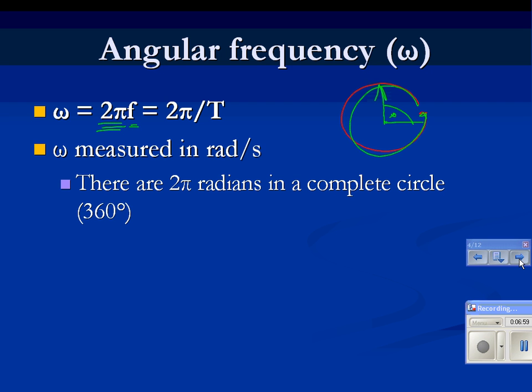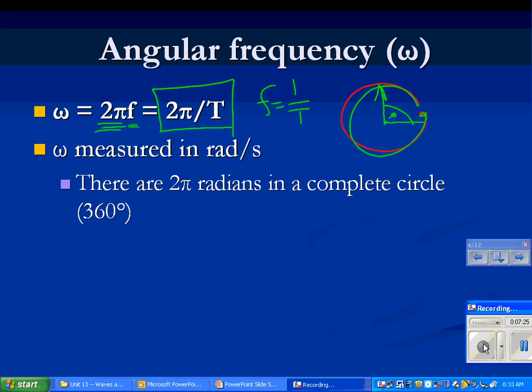That is what omega is, okay? In your data booklet, here's the equation for omega. It says omega equals 2 pi over the period. Remember that frequency and period are inversely related? Frequency equals 1 over period. Period equals 1 over frequency. The unit for angular frequency, the unit for omega, is radians per second. And again, there's 2 pi radians in a complete circle.